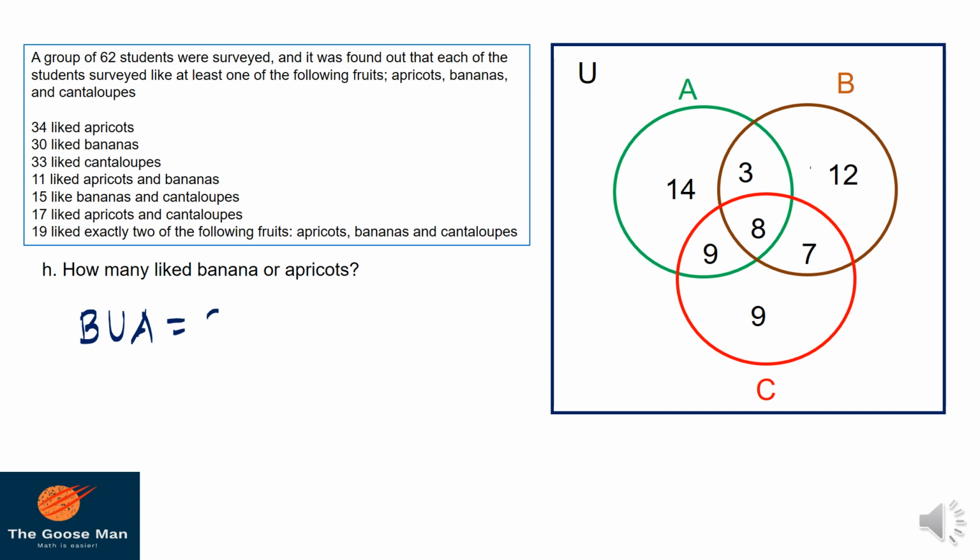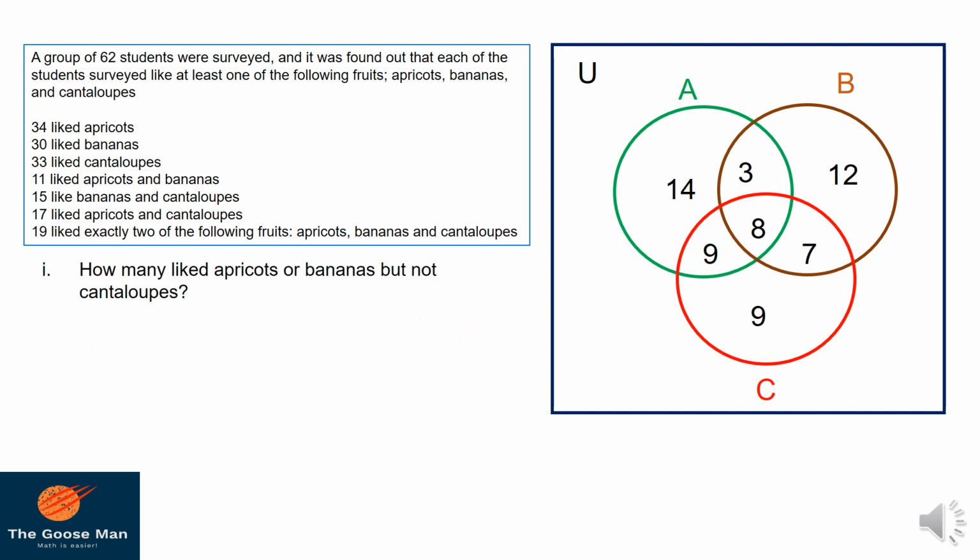Let's add together 3 plus 8 plus 7 plus 12. For our apricots, we have 14, 9, 8, and 3. We will not repeat 3 and 8, so we have plus 14 plus 9. And the answer here is equal to 53.